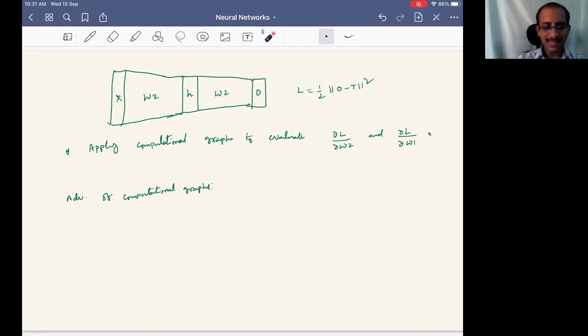Yes. So the advantage of computational graphs is that if you just learn some of the constrained gradient operations, using them you can compute the gradient even for any deeper network, because we know exactly which operations we will be using in those deeper networks, and many operations are repetitive. In every layer, it only becomes w into x, h into w, and there is an activation function f. Nothing else is happening.